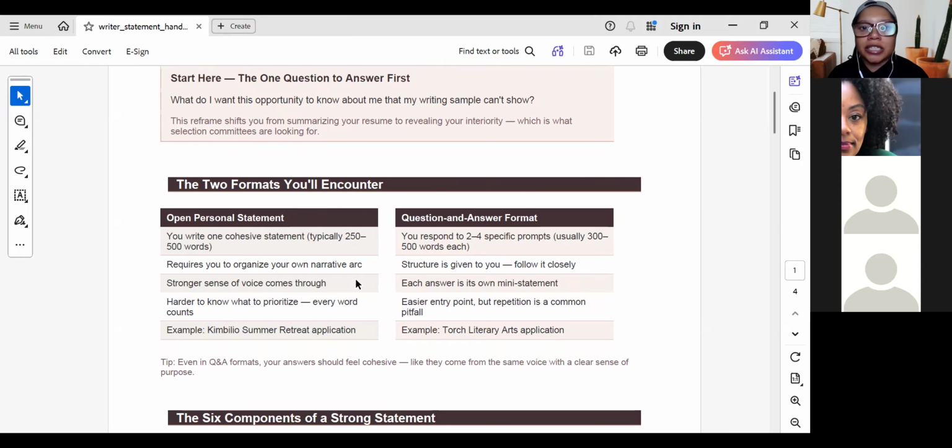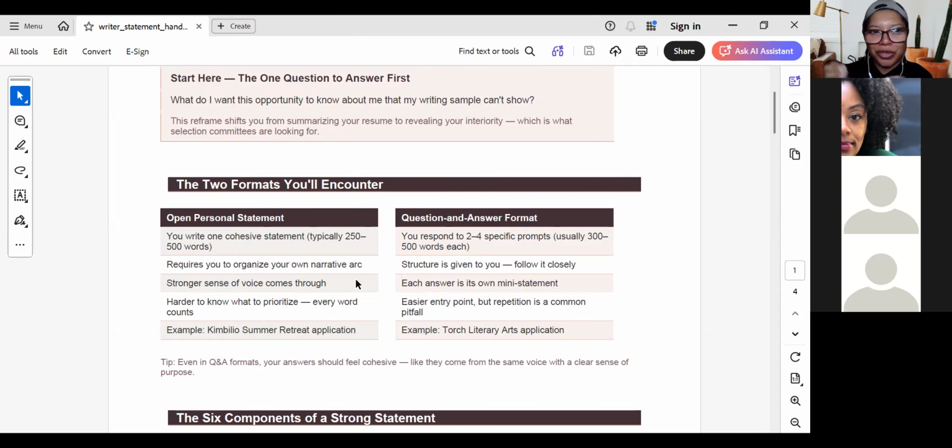One is the open personal statement, meaning you just have to drive the narrative. It's like, just give us an artist statement, where you write one cohesive statement. It requires you to organize your own narrative arc. It's helpful because a stronger sense of your voice comes through because you're directing it, but it's harder to know what to prioritize because they often have limits, right?